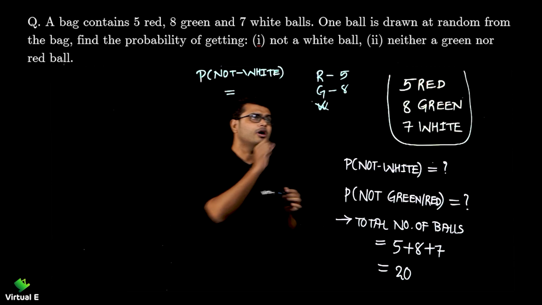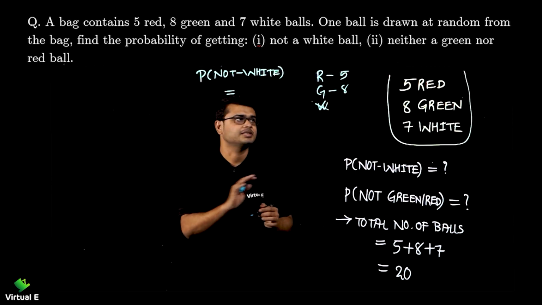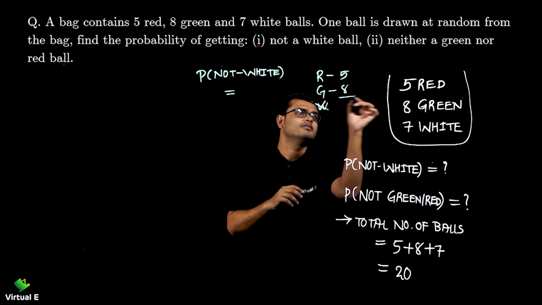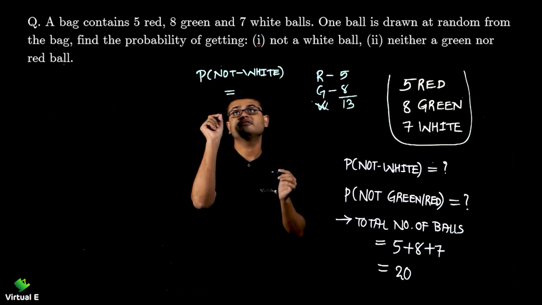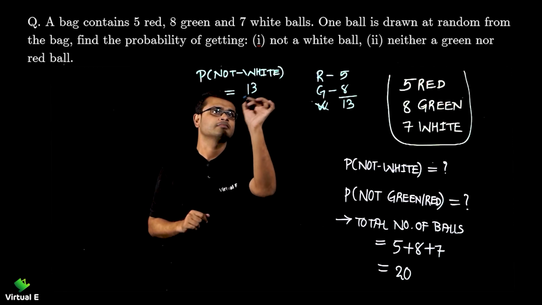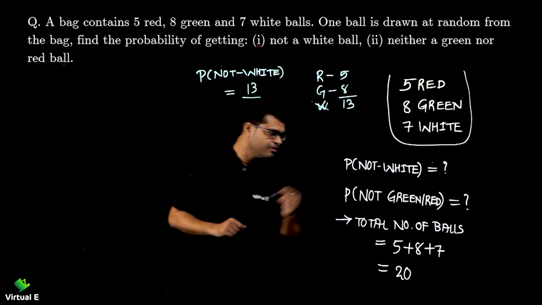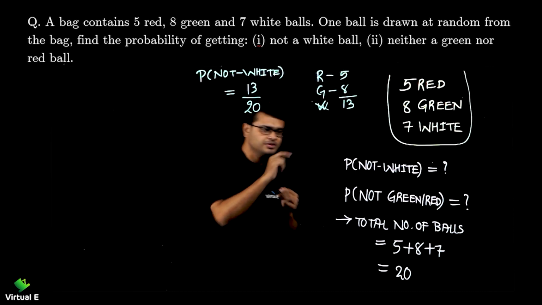So what are accepted? Green is accepted and red is accepted, but white is not accepted. So 8 and 5 will make total 13. So how many favorable outcomes are there which is not white? That is 13. Done. And total number of outcomes we know, that is 20. So that's my first answer.